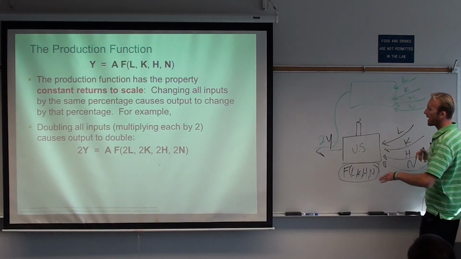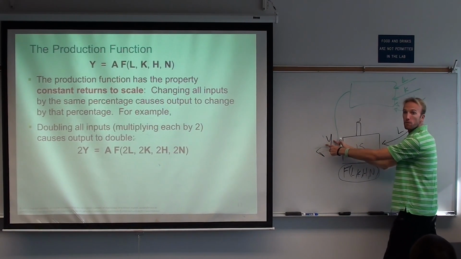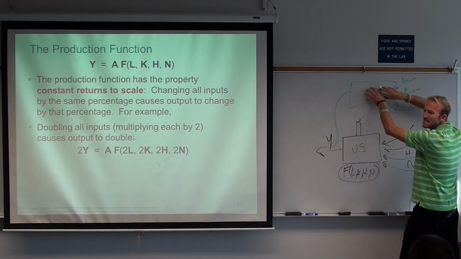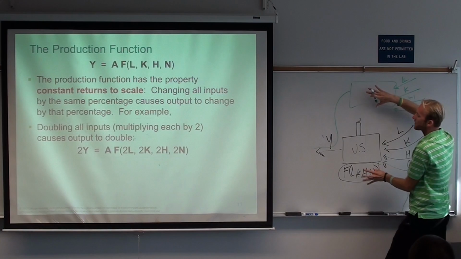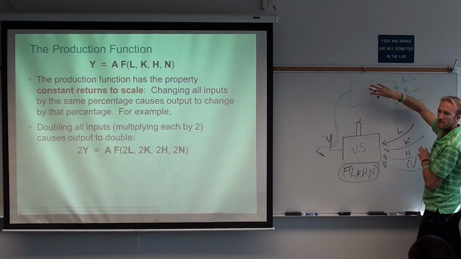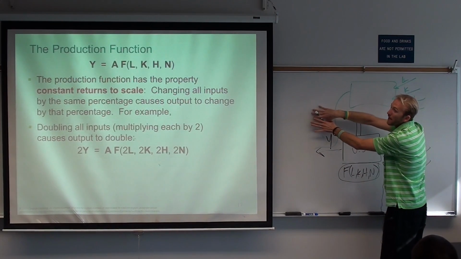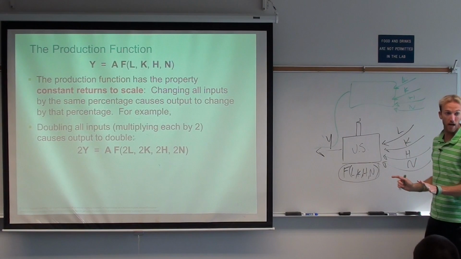If I know that one factory produces Y worth of goods, whatever dollar that is, and I just build the exact same factory next to it, identical, then all I've done is double both of my inputs. By definition, I have to have only twice as much output as I had before, right? Because nothing else is changing.